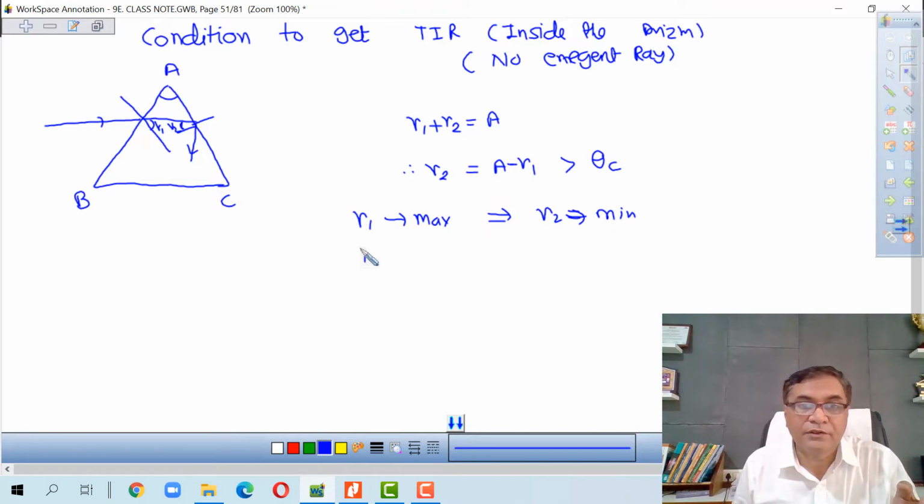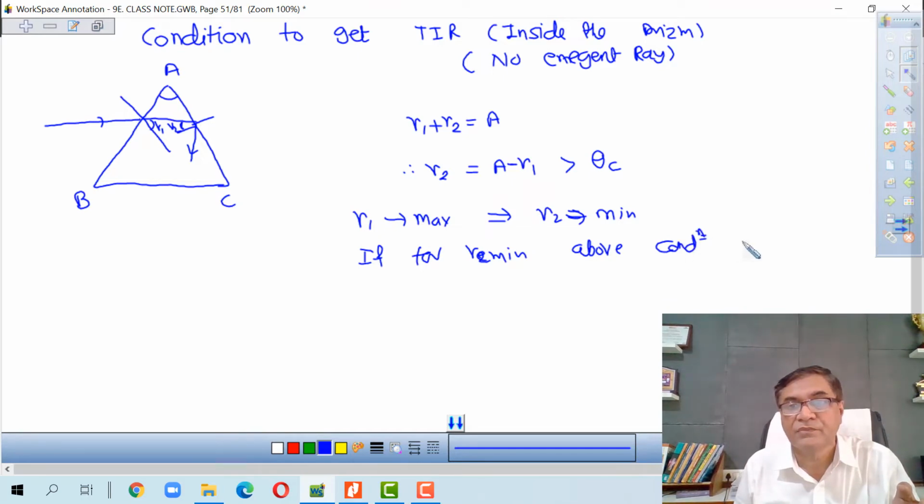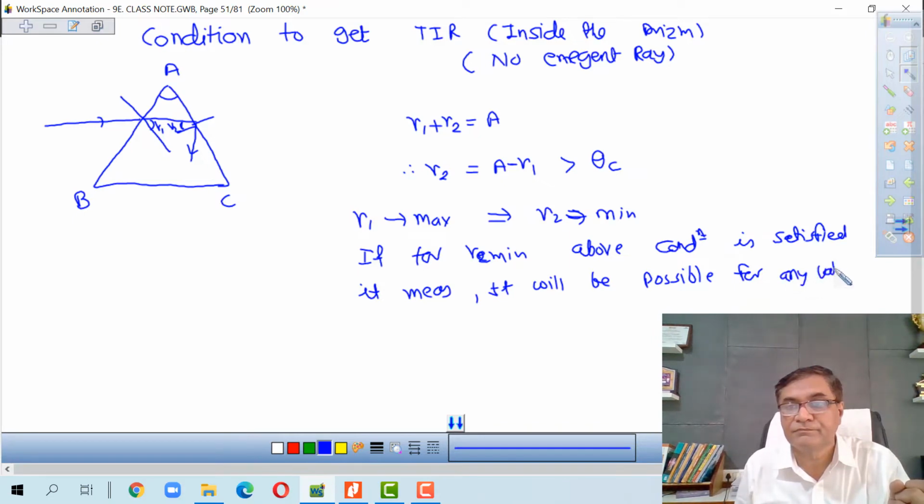Okay, if for R2 minimum the above condition is satisfied, it means it will be possible for any value of R2.